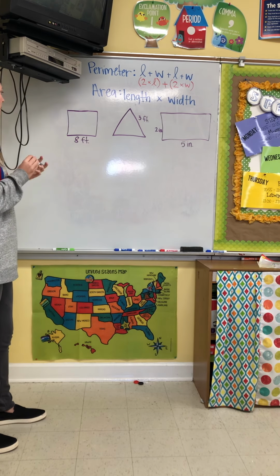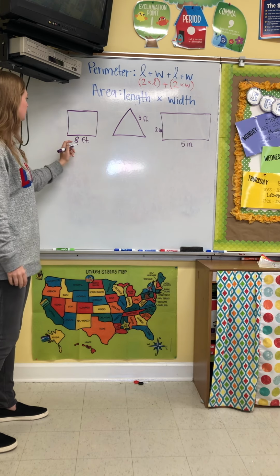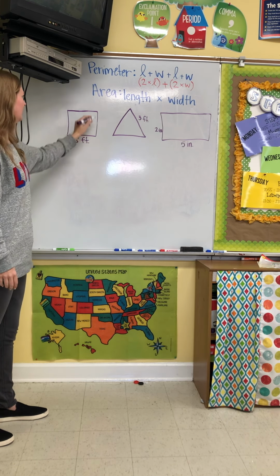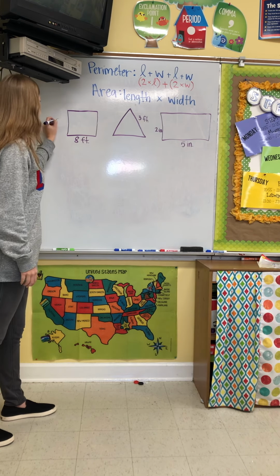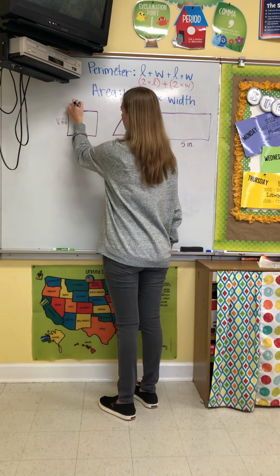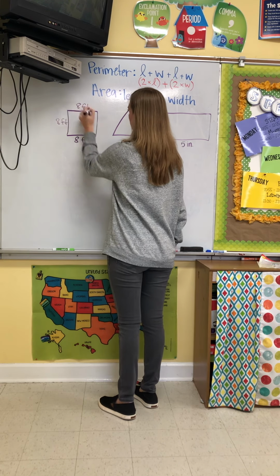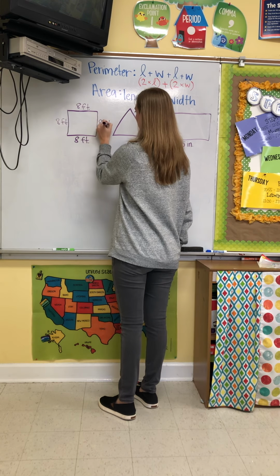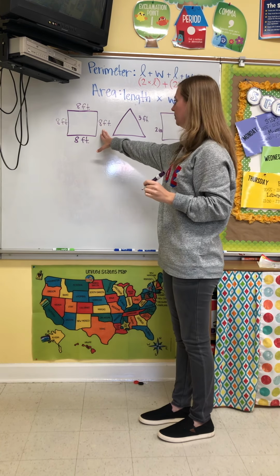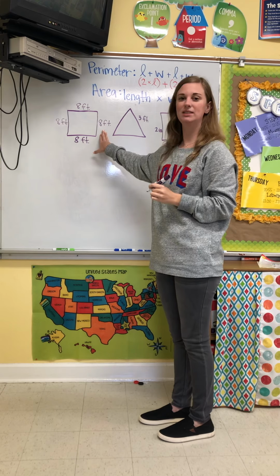Okay, so let's start with our square. Our square we know is 8 feet, and it's a square, so we're going to label the rest of our sides 8 feet. Now the step we have left is just to add up all the sides.